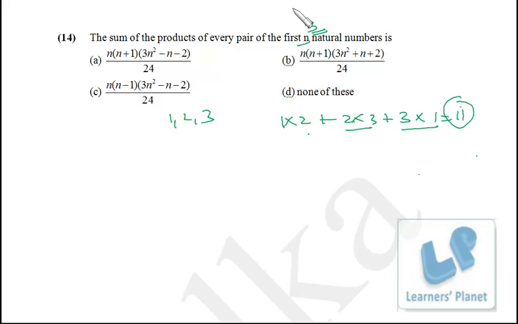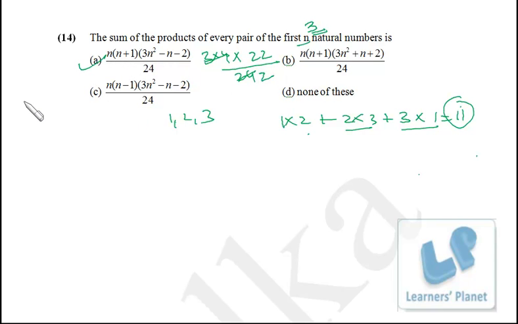So I put n equal to 3 and check the options one by one. So n is equal to 3, this is 4, and 3 threes are 9, 3 nines are 27, minus 5, 22 by 2. So that's 11. If I put n equal to 3 in option A, I'm getting 11, so this is the correct choice.